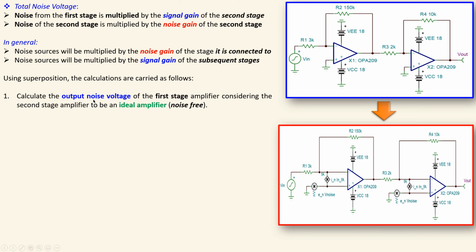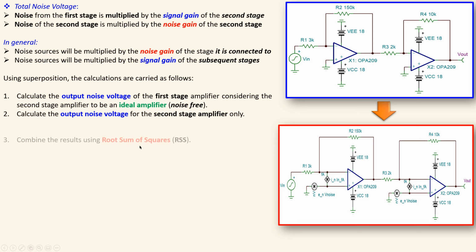First, calculate the output noise voltage of the first stage, considering the second as a noise-free amplifier. Then calculate the output noise voltage of the second stage only, and then combine those two results using the root sum of squares. This will be clarified when we do the calculations in numerical form.